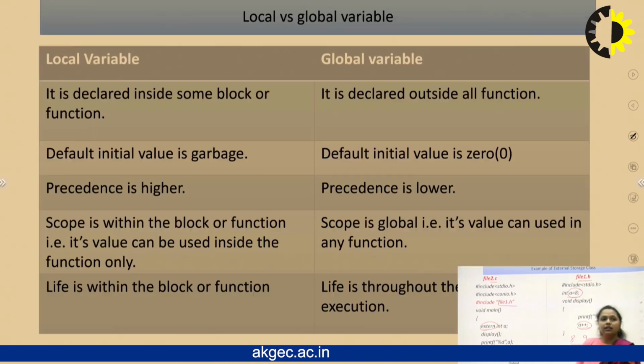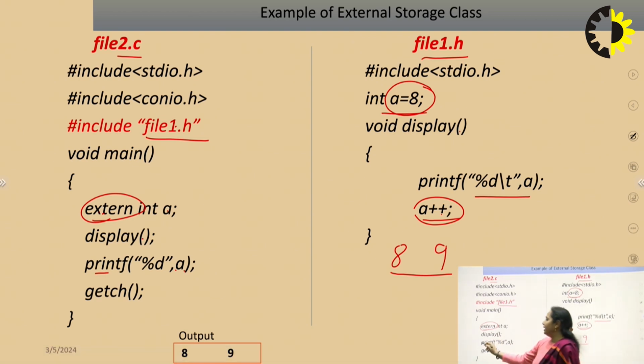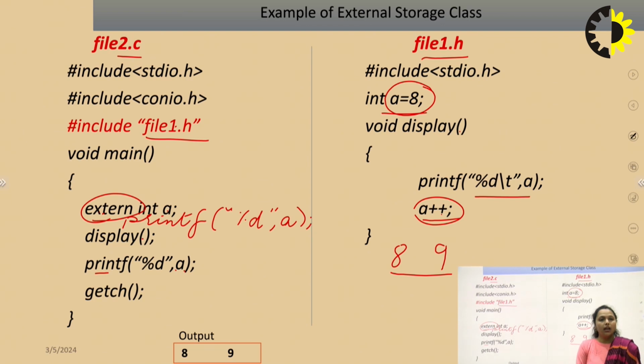As for the external storage class, the default value provided by the external storage class is 0. Meaning, after declaring the variable extern int a, if I directly write the statement printf %d a, it will print 0, because the default value of an external storage class variable is 0.